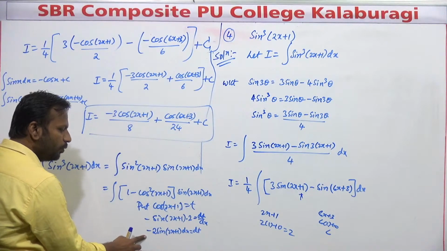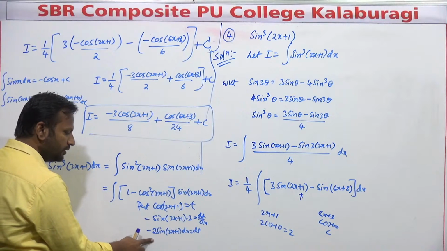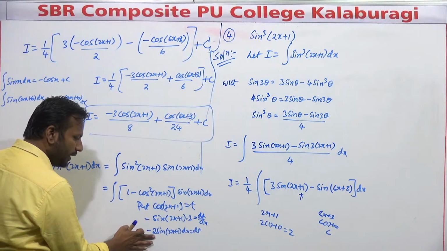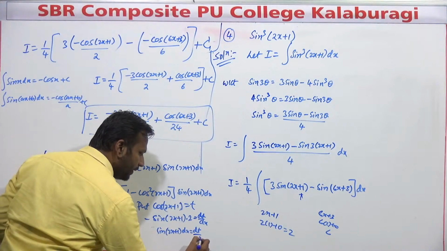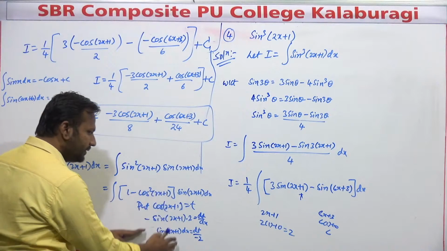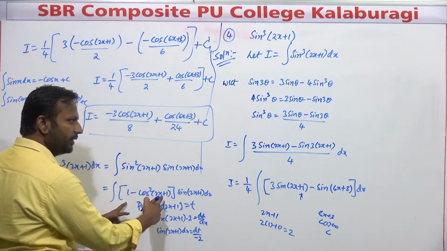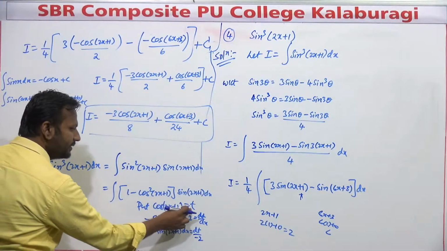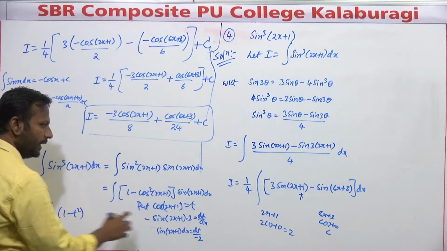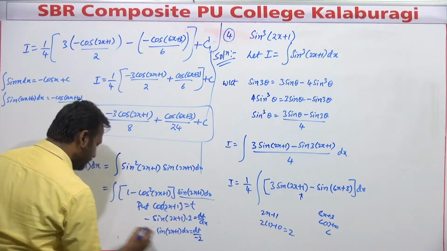Now I do not want the negative term, I want positive terms on the LHS, so I should divide both sides by minus 2. What happens here? dt by minus 2. So we have to substitute these things here. If you substitute, what happens? 1 minus t square, right? And sin (2x plus 1) dx will be dt by minus 2.